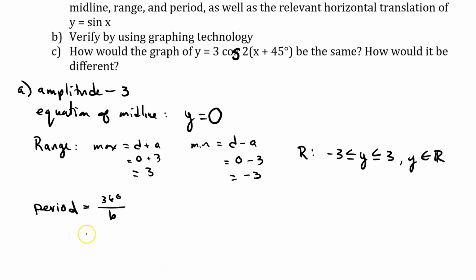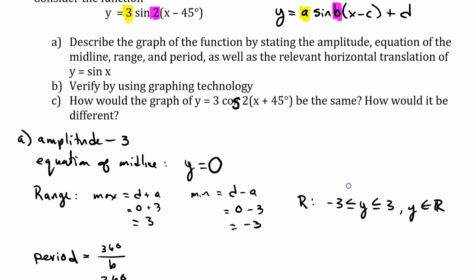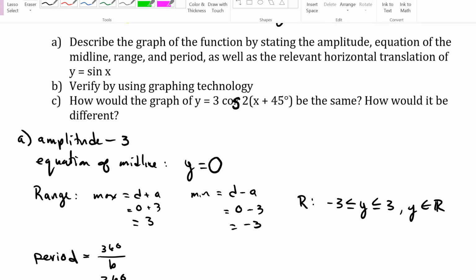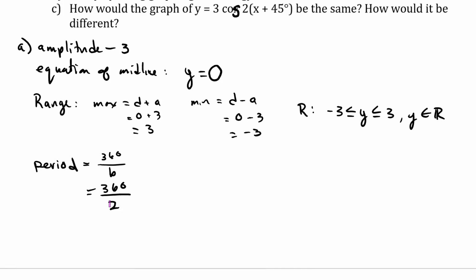So I'm going to say 360 divided by 2. Just going to use the highlighter again. This guy right here. So 360 divided by 2 is 180 degrees. So that means that every 180 degrees, the pattern repeats.